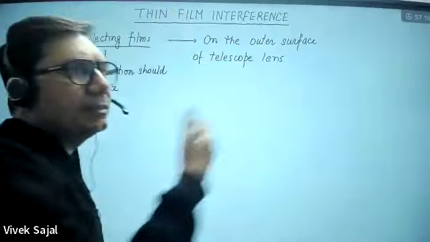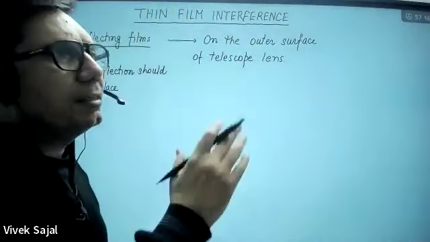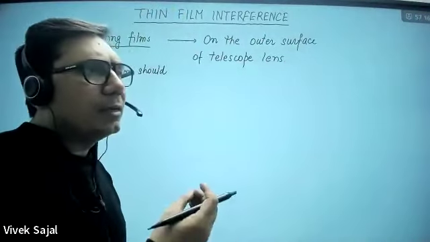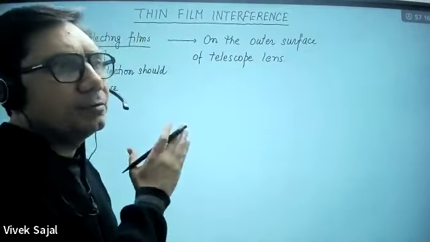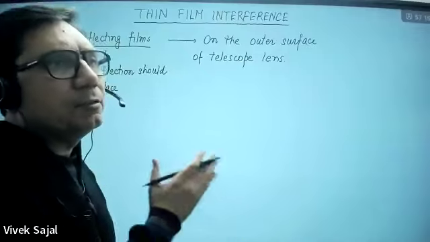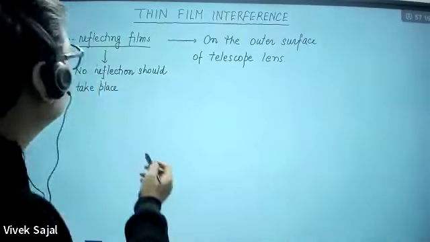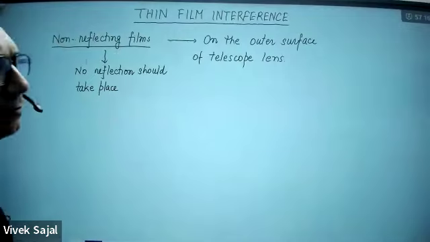Here this lens is receiving light from very distant stars, so you don't want any of the light to be reflected back. You want most of the light to transmit through the lens. So here you can use this type of non-reflecting film.